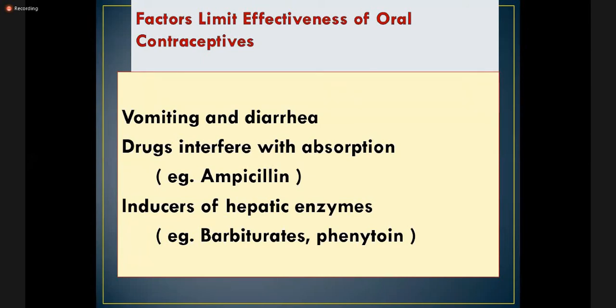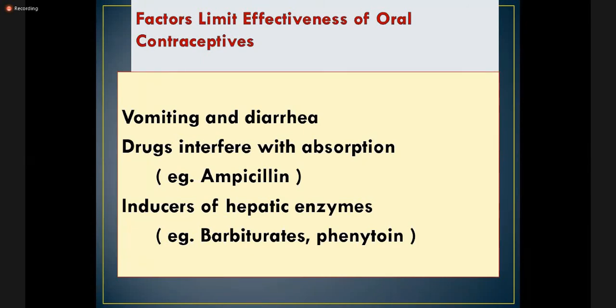So that is why we use the term pills, because we can also use the term tablets, but if we say tablet, that means that drug is being used to treat some disease. And contraception, conception is not a disease, it's a normal physiological phenomenon.